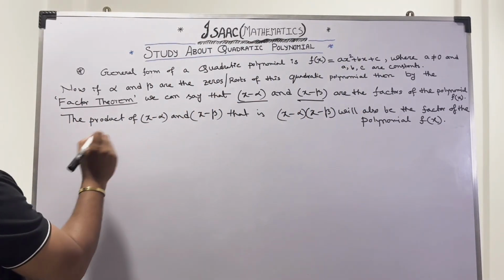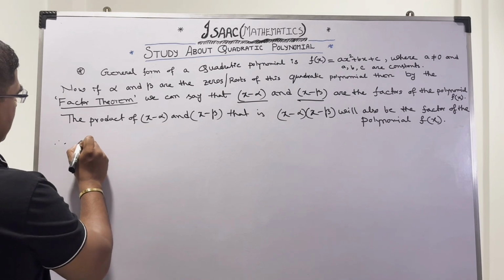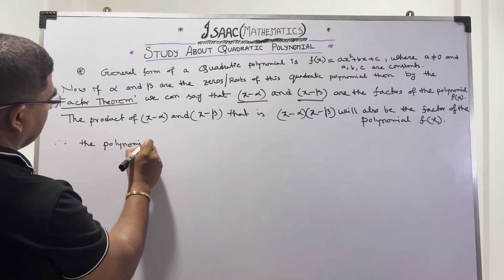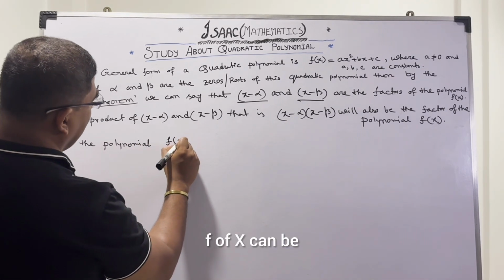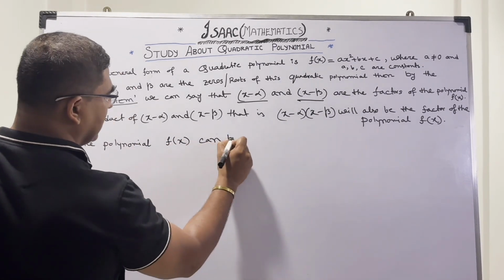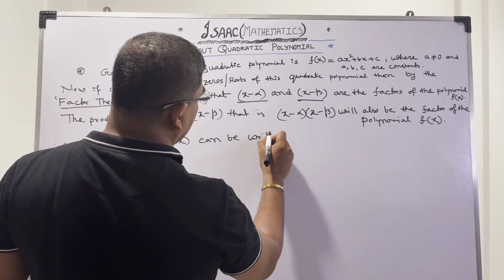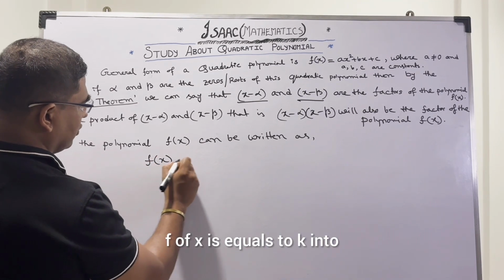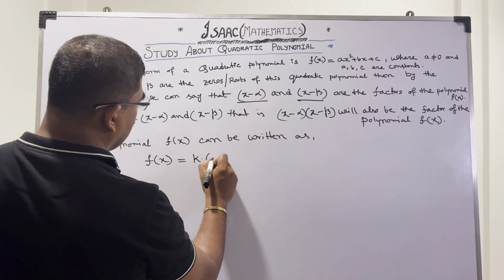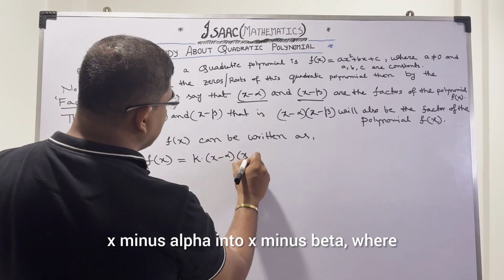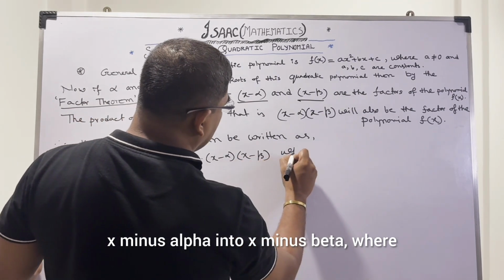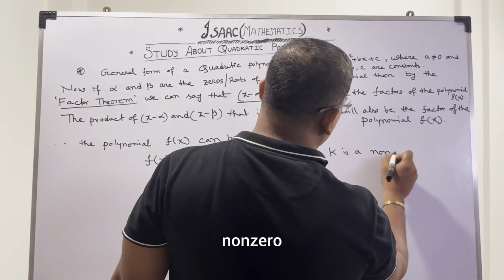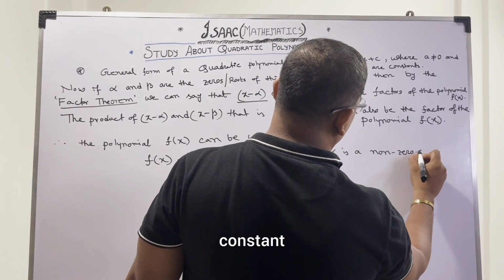So therefore, the polynomial f of x can be written as f of x equals k into x minus alpha into x minus beta, where k is a non-zero constant.